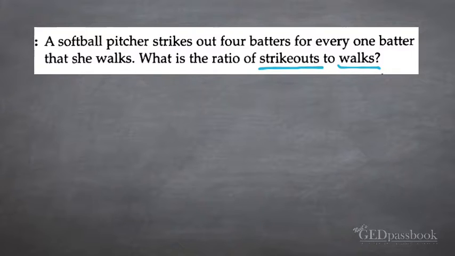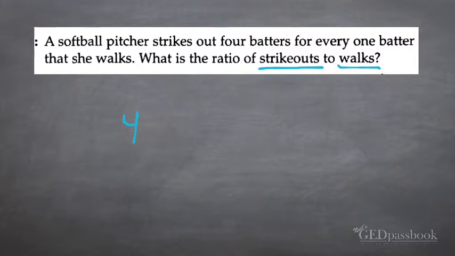Well, tell me, how many strikeouts does the pitcher do? That's when you come back to the word problem and you go find it. A softball pitcher strikes out 4 batters. So the strikeouts is 4. What is the ratio of strikeouts to walks?